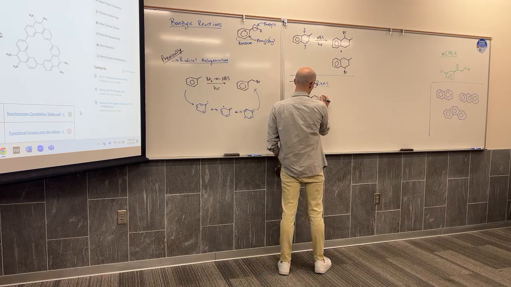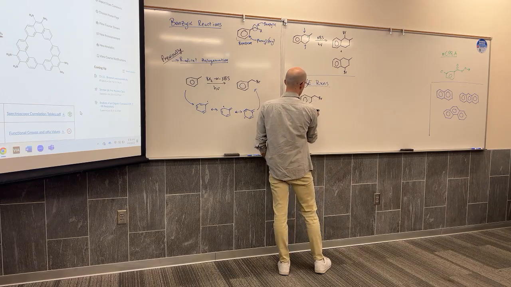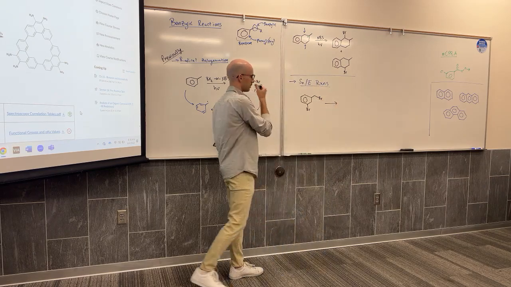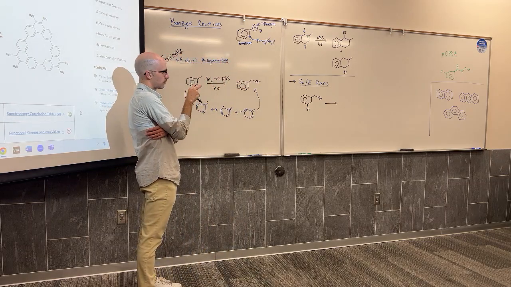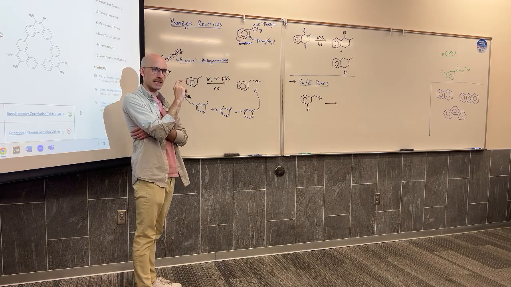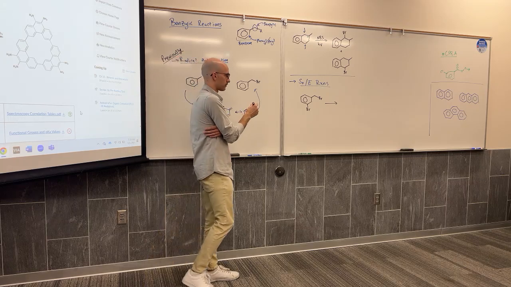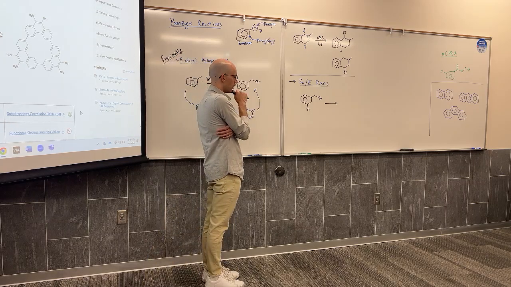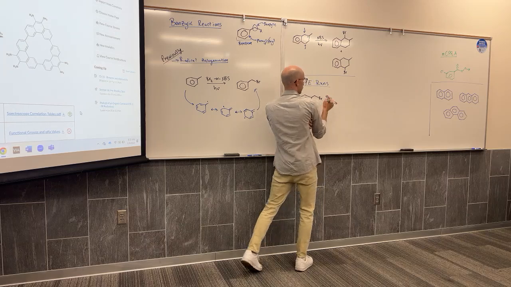There is something I want to show you about this as well. We'll have two bromines. One bromine is an aryl bromine, connected directly to the ring. The other bromine is a benzylic bromine. And we'll react this with cyanide.